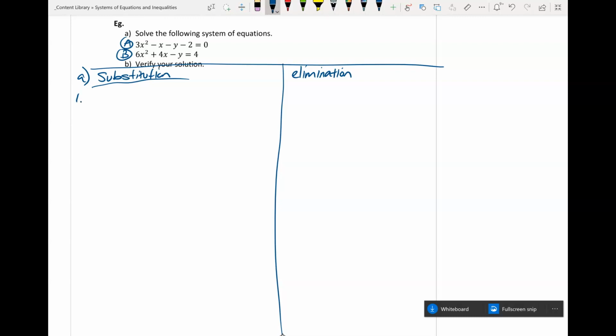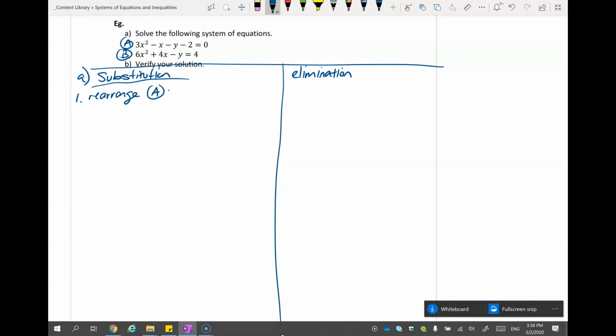So step 1, rearrange A, and you don't have to do A, you could also do B, it doesn't matter. So once I rearrange this, I'm going to move it around so I'm solving for y. So I'll just move y to the other side, or add y to both sides. And this is what we're going to get.